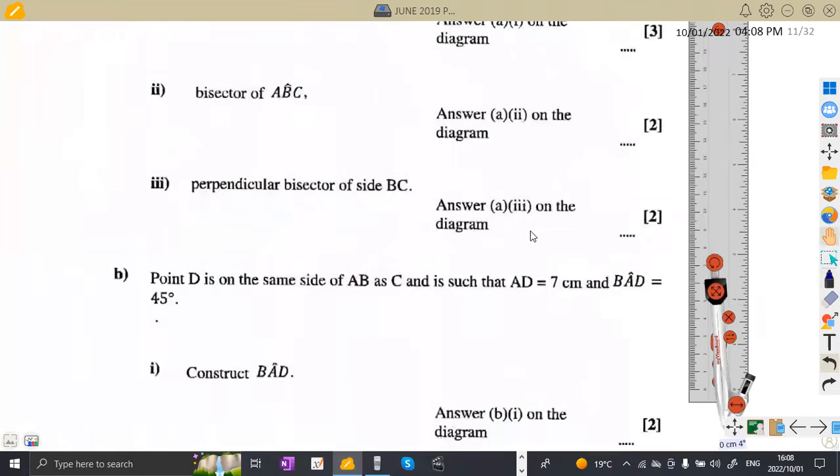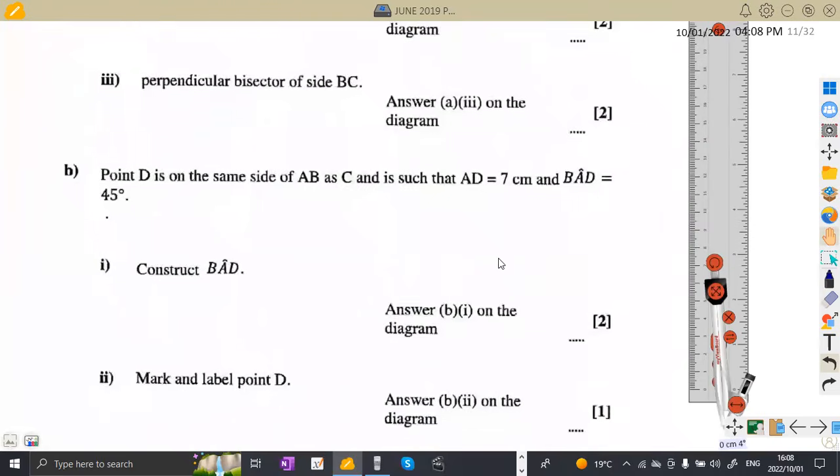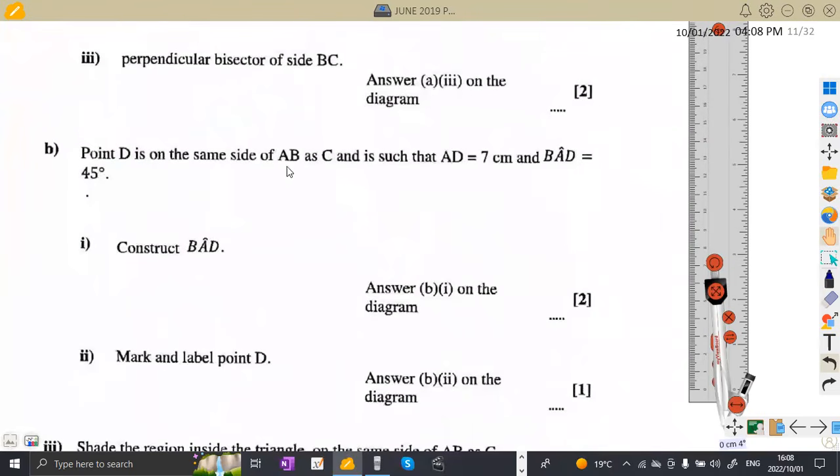Okay, now we are given that the point D is on the same side of AB as C. Take note, there is a point which is referred to as D. It is in a way that AD is going to be 7 centimeters, then BAD is 45 degrees.